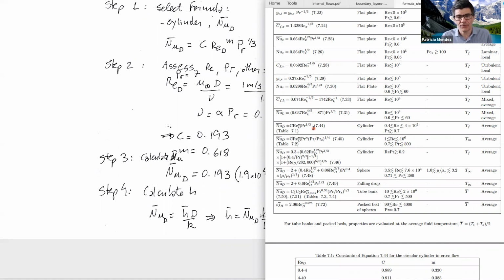The reason they're different is that the one on top is an older formula, and this is a newer formula that also accounts for newer experiments. This one here is better than the one on top. Now, the long formula is better than the shorter formula.